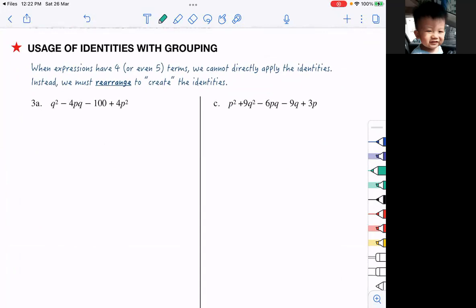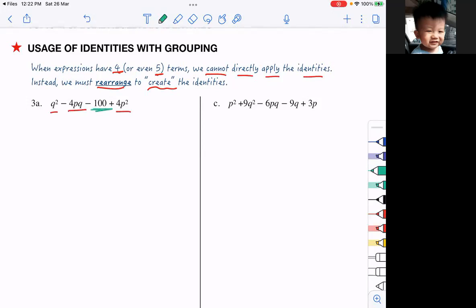Now, when we have expressions of 4 or even 5 terms, you cannot directly apply identities, but you can rearrange to create the identity, to force it out. See, for the first 3A, I'm staring at it. I think I can see something. It's because of experience. I know this and this next to each other.